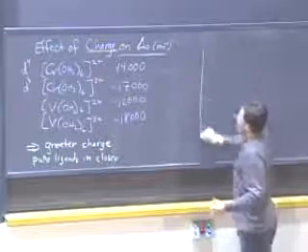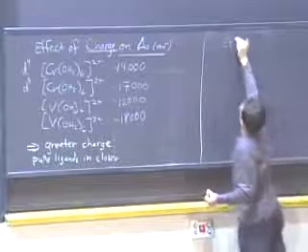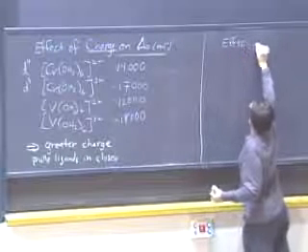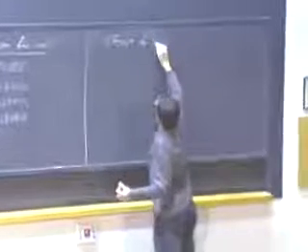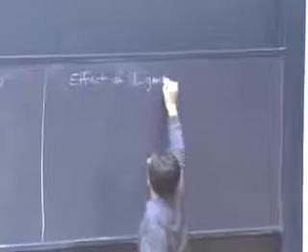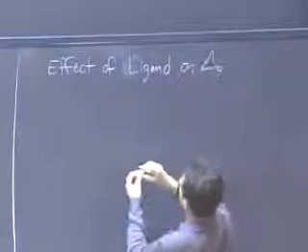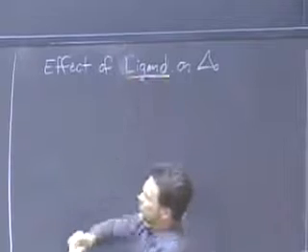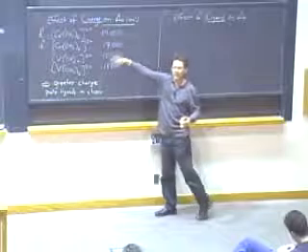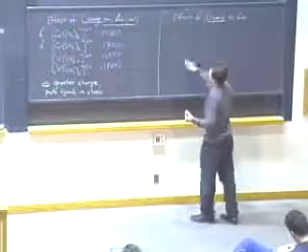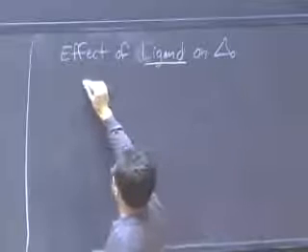And then we can also look at the effect of changing the ligand. So in the system on the left, we were looking at pairs of metal complexes with the same ligand and changing the charge, and now we're just going to say what happens if you change the ligand.